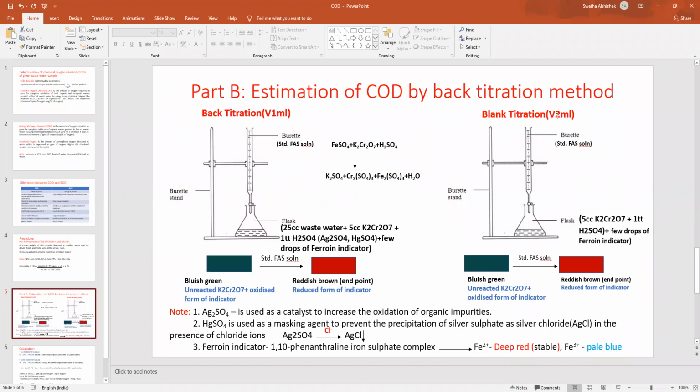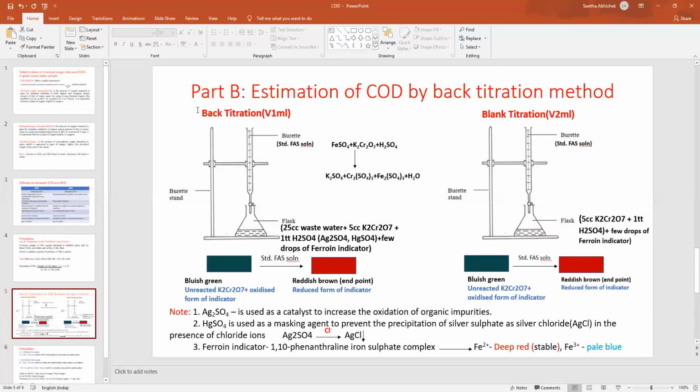So note this point. In the exam, you need not perform this blank titration, but to calculate COD, the blank titer value must be known to you, so this blank titer value will be given to you. You need not perform it, but you are supposed to perform back titration 3 times in order to find out the V1 value.